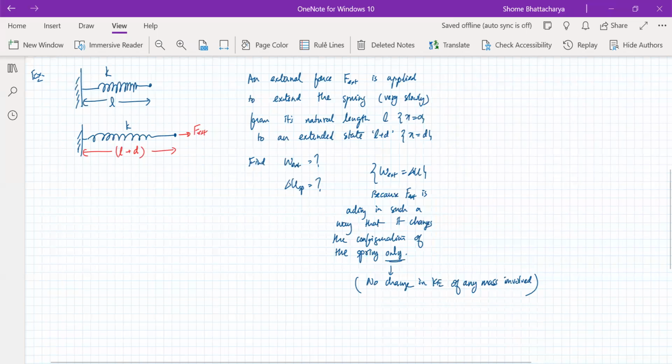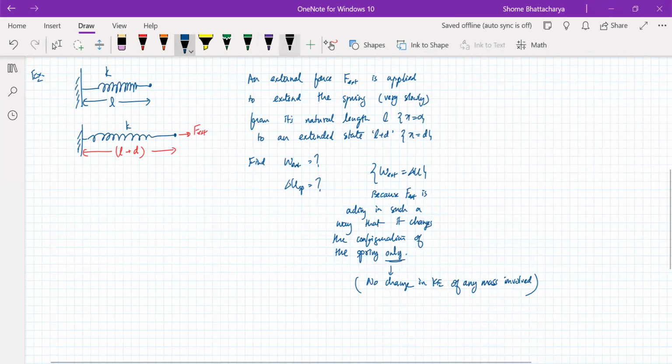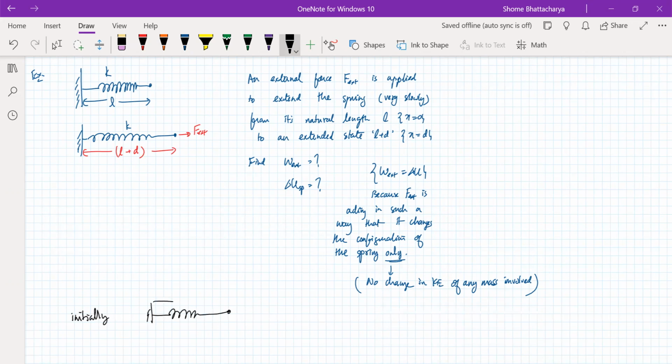So we can see that initially the spring is at natural length. So what about the tension in the spring? That's also 0. Tension, or you can call it spring force, that's also 0.